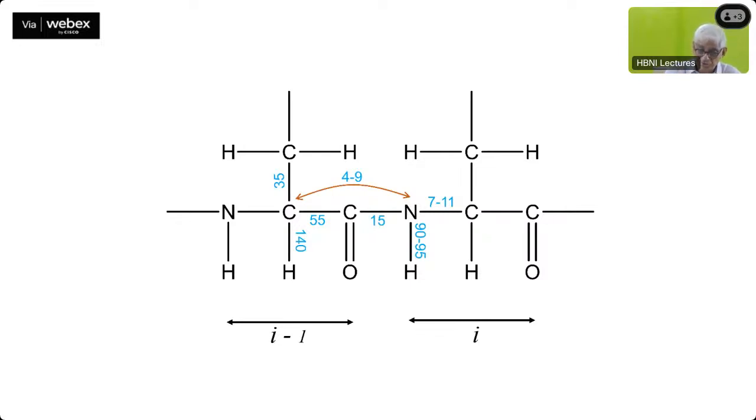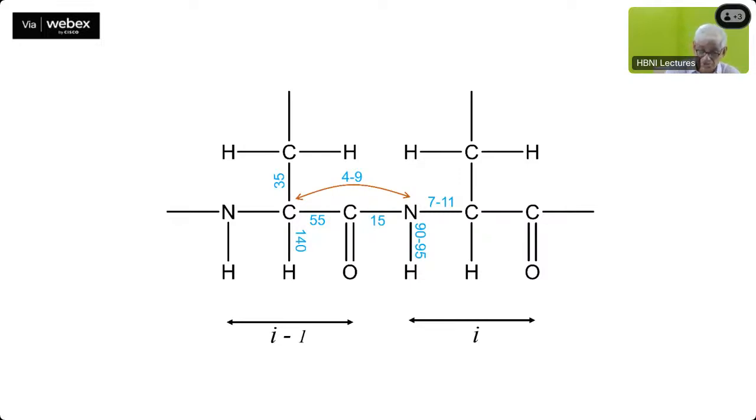Nitrogen 15 to carbonyl is 15 Hertz. Carbonyl to C alpha is 55 Hertz. C alpha to its own proton is 140 Hertz. C alpha to C beta is 35 Hertz. Then this nitrogen to this C alpha is 7 to 11 Hertz, and the 2-bond coupling from this nitrogen to the other C alpha is 4 to 9 Hertz.